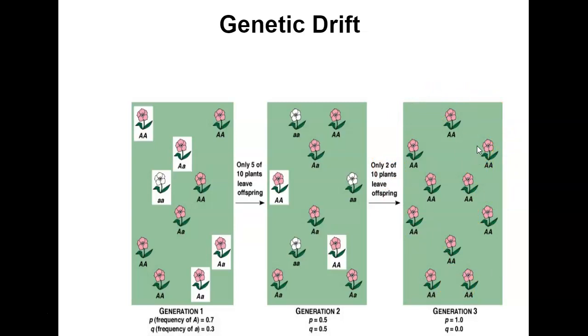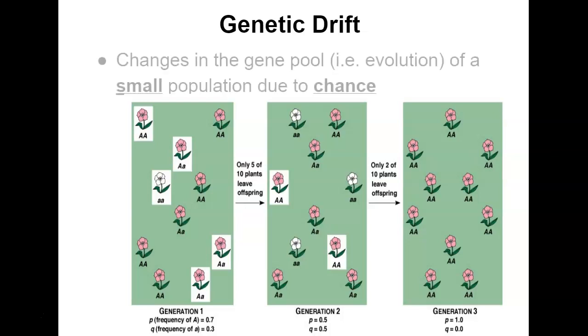So we've lost the recessive allele. This is the basic premise of genetic drift. It's changes in the gene pool, and usually it's a small population. This happens less with larger populations, and it's just due to chance.